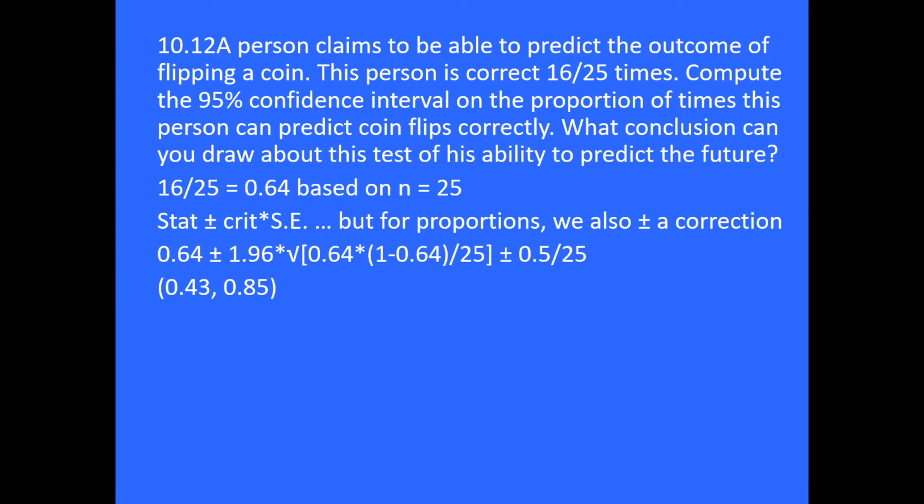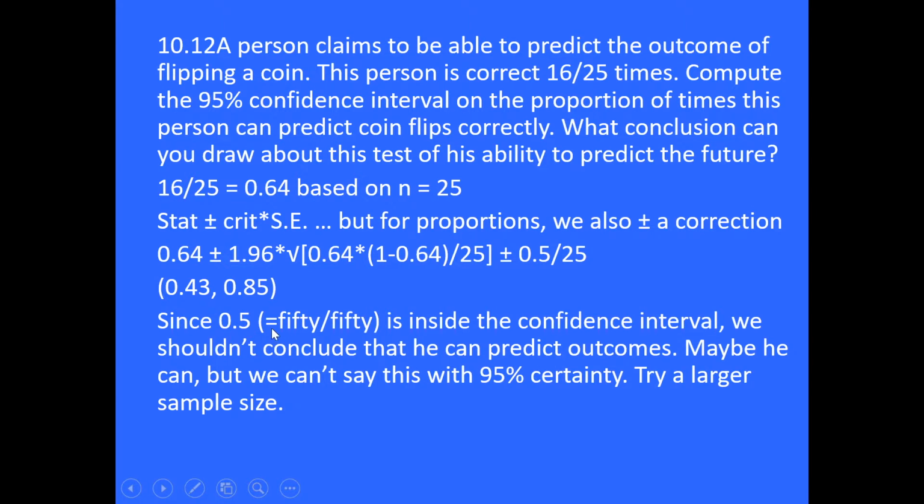That's what it means. And as you can see, 0.5, which is 50-50, is in here. So are some values below 0.5. Since 0.5 is within the confidence interval, we shouldn't conclude that this guy is good at predicting the outcome of the coin toss. He may have just been lucky.